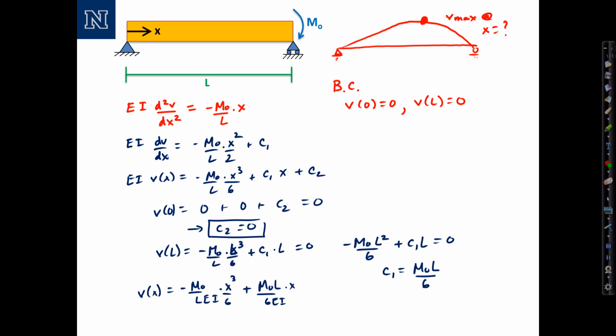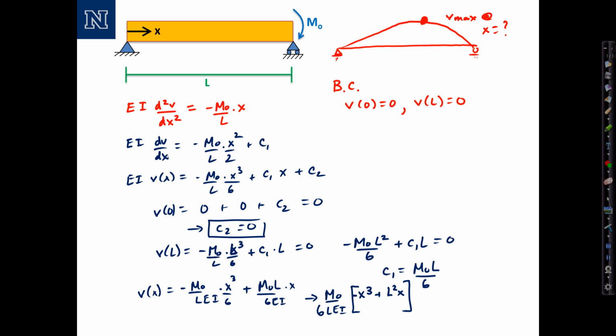To make it a little bit easier to work with, I'm going to simplify this by pulling out M0 over 6 L EI, and I'm left with negative x cubed plus L squared x.